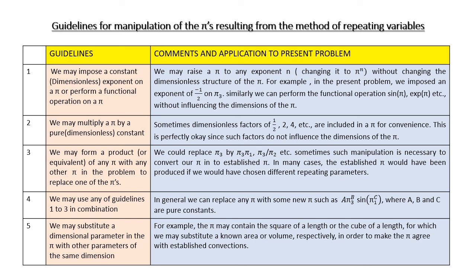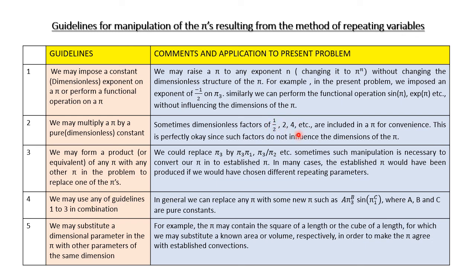It should not affect the dimensionless structure of that parameter. Similarly, we can perform functional operations such as sine, or use exponents. Second, we may multiply pi by a pure constant, like half, 2, or 4.